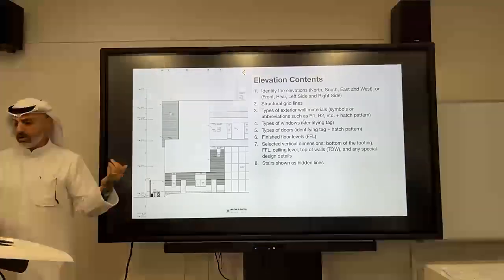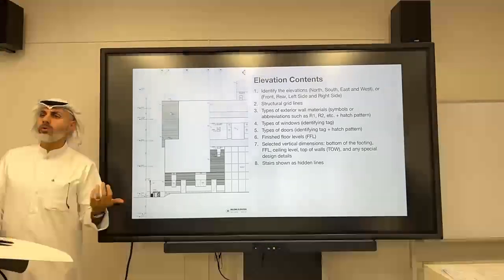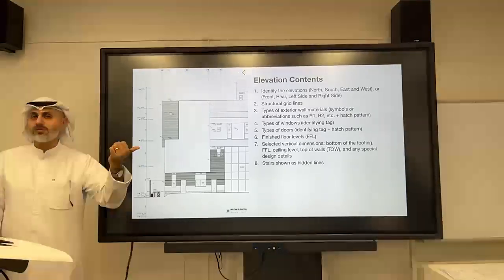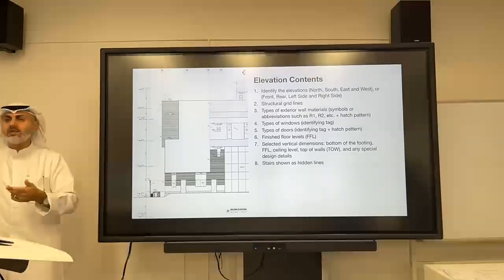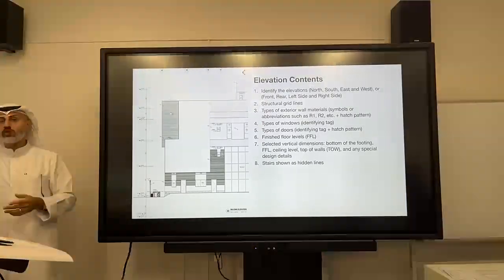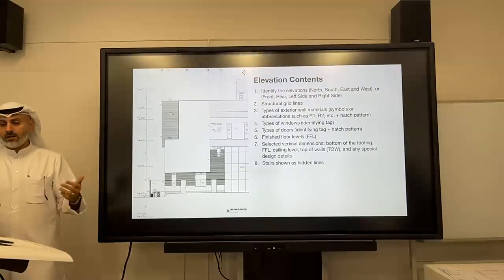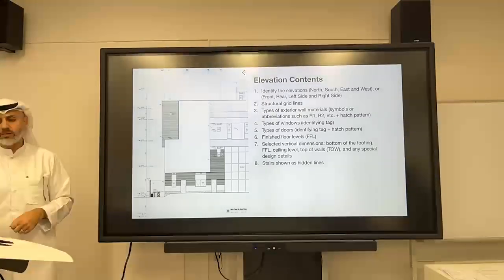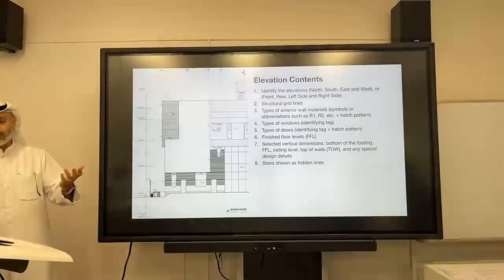And what's the label? So if you have stone, you can say ST-01. So if it's the first type of stone, then you might have a second stone, ST-02. And you show the hatch of that material. If it's brick, you show the brick and you might write BR01 for brick 1, brick 2, if you have different colors.